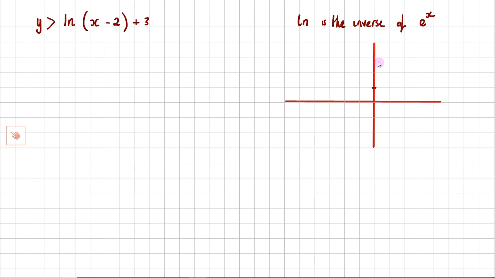All exponential functions cross at 1, unless they've got something else added on. Where's its asymptote? The asymptote is the x-axis, so it kind of goes up and does this. Now, how exactly it goes up would rely on, do we remember what e is? 2.718, roughly. But we've got the general idea.